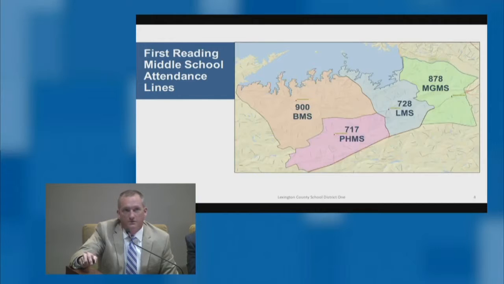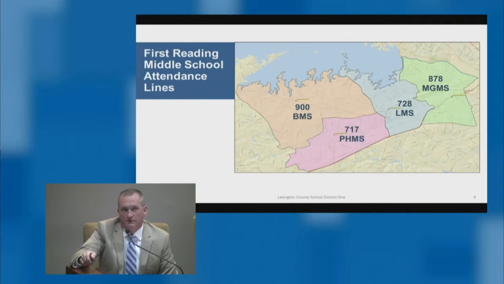And so for first reading, we started out with an attendance boundary scenario that looked like this, where we had Beechwood, obviously, over in this area, Pleasant Hill here, Lexington Middle here, and then Meta Glen in this area. The primary focus of this map that I would just show you is that this line here is the current high school feeder pattern attendance line.